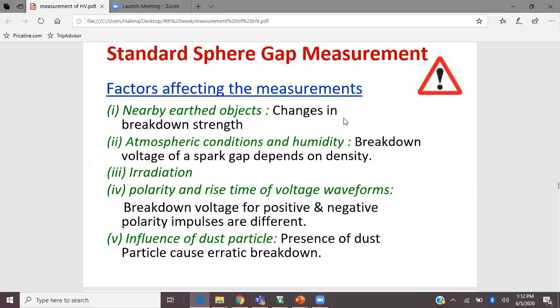There can be some polarity and the rise time of the voltage waveforms. You know that breakdown voltage for positive and negative polarity impulses are different, as we have discussed during the corona discussion as well. There will be some influence of dust particles, and you know that the presence of dust particles can cause erratic breakdown as well.